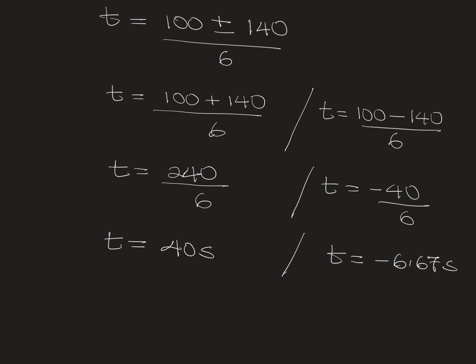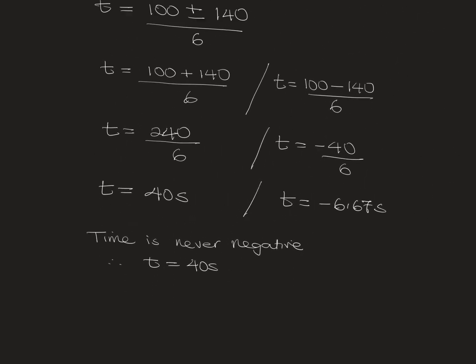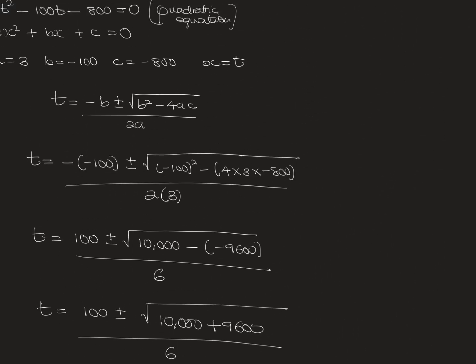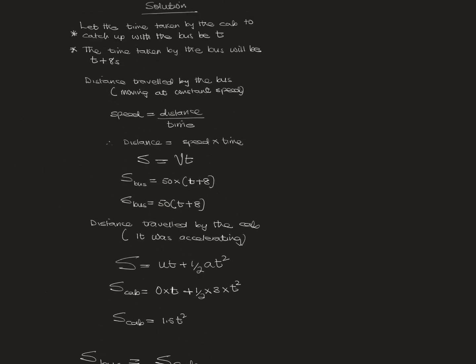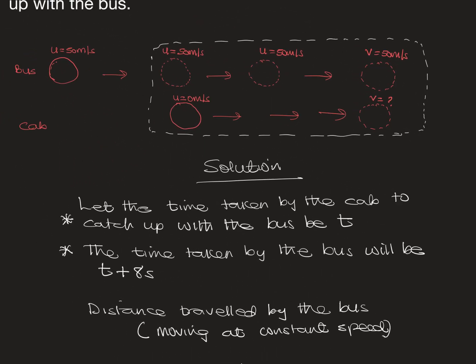6.67 seconds. So we know that time is never negative. Therefore, t is equal to 40 seconds. So this 40 seconds means the time taken for the cab to catch up with the bus. Okay?